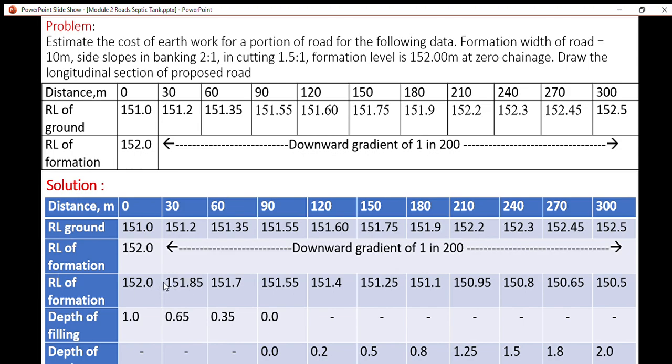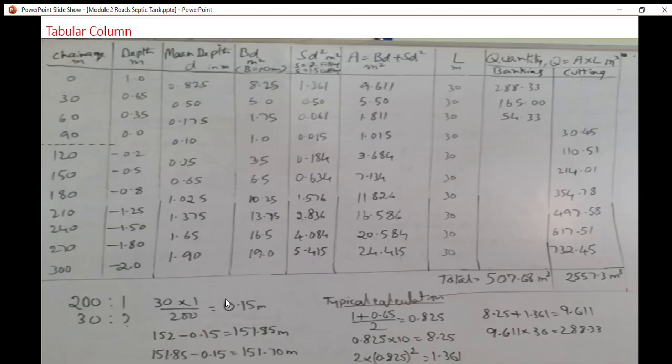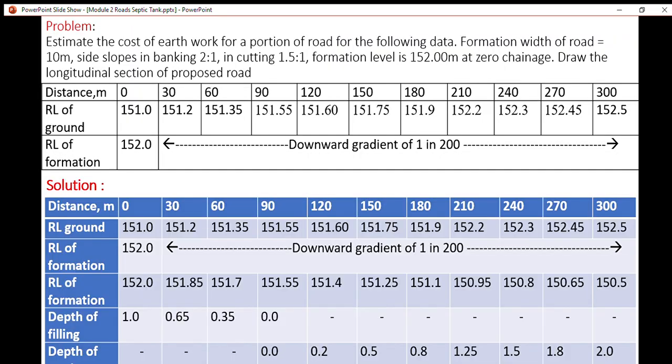Sample calculations are given at the bottom of the table in the next slide. Subtract 0.15 meter from 152, it becomes 151.85. Subtract again 0.15 meter from 151.85 and you get 151.7. Subtract again 0.15 meter from 151.7, you get 151.55 and so on.